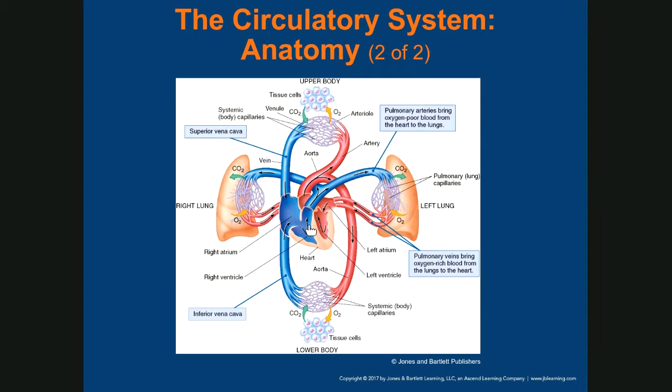So let me repeat the question again. The right ventricle is responsible for receiving deoxygenated blood and pumping that deoxygenated blood through the pulmonary arteries to the lungs for it to be oxygenated.